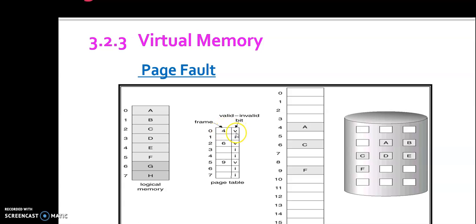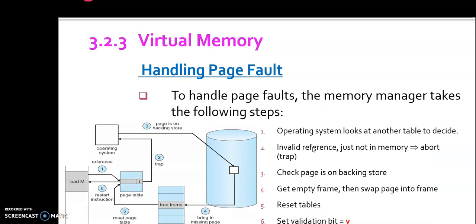Valid means the data is available here, inside your physical memory. But if it's invalid, it means the file is not inside your physical memory, meaning it has not been loaded yet. So that's what page fault means.